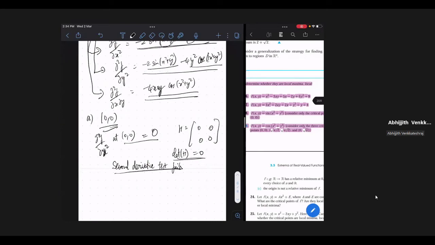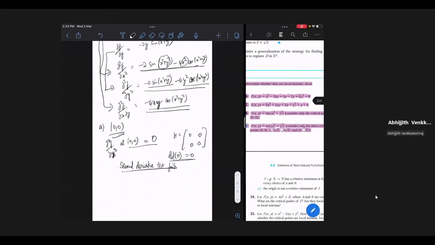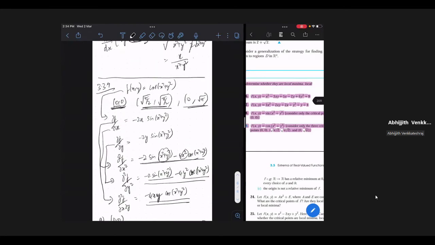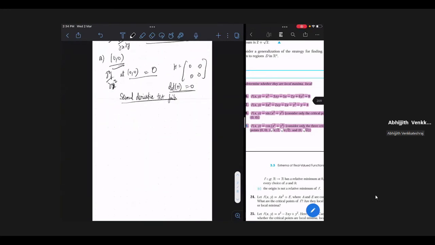So we just go with one of the properties: whenever the second derivative test fails, you find out what is f of x naught, y naught, where x naught, y naught is a critical point.